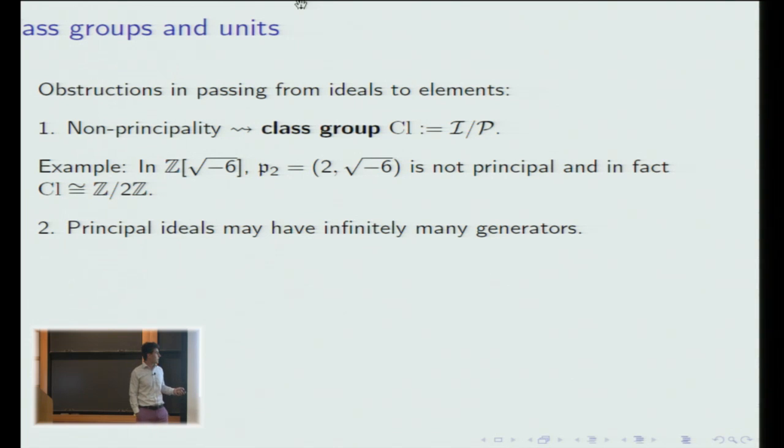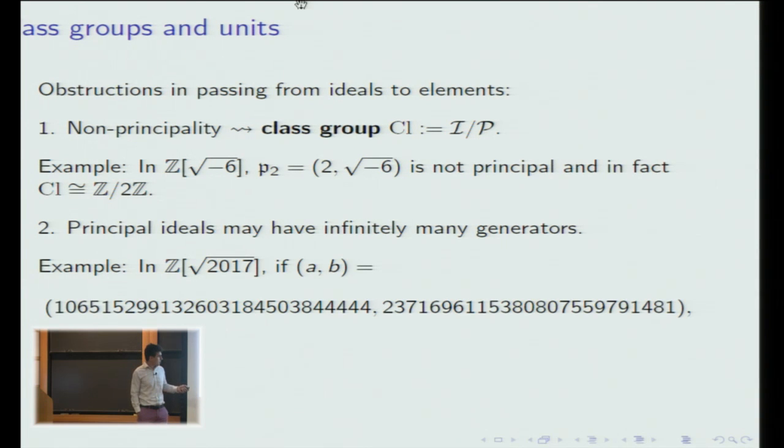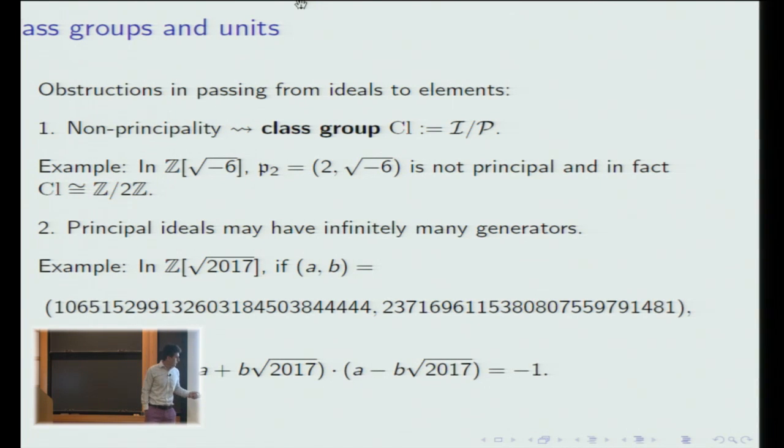And the other obstruction is that even if you have a principal ideal, it may have infinitely many generators. And so, for instance, if you adjoin the square root of 2017 to Z, and you look at these 2 gigantic integers, then A plus B times the square root of 2017 divides 1. Okay?